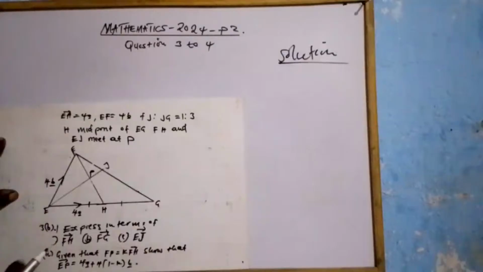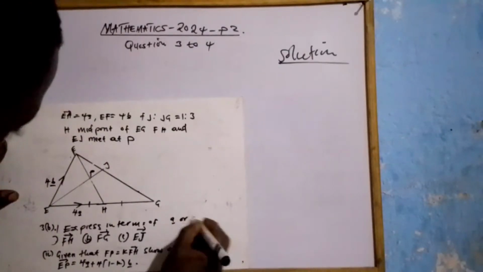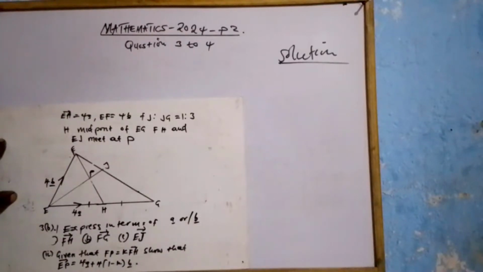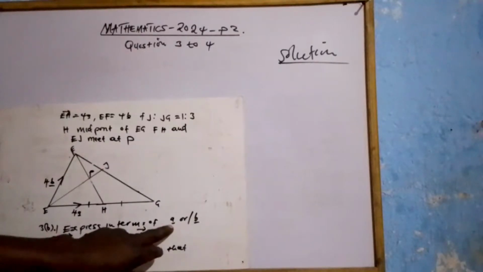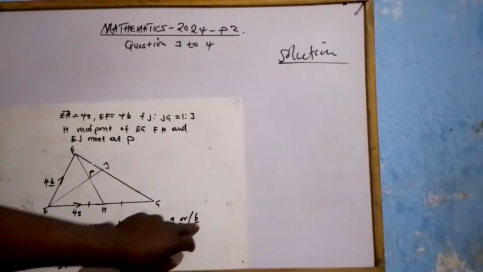So we have to answer, express in terms of a and b. Every answer which you get from these vectors should have these variables.